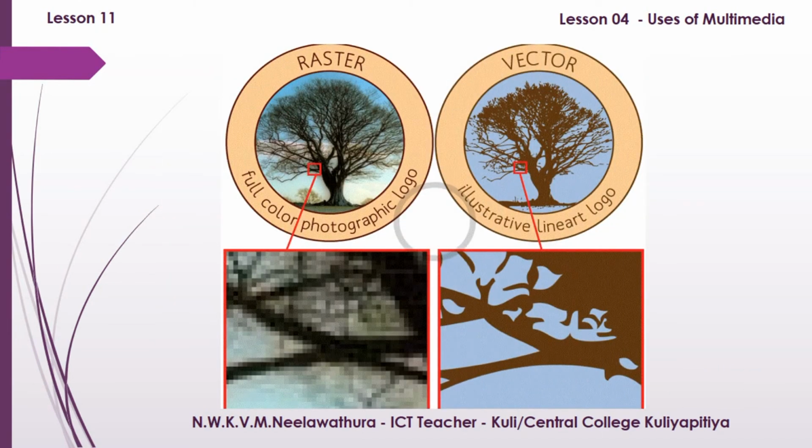Let's see another example. In this picture, you can see two types of trees. First one is created using raster graphic and the second one is created using vector graphic. Now you can clearly understand what are the differences of raster and vector graphic.